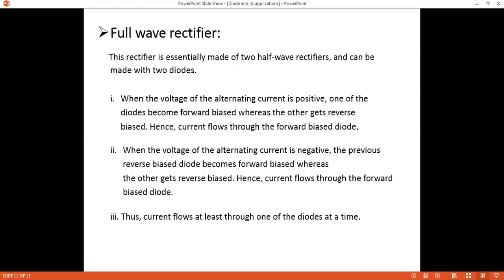Hence, current flows through the forward biased diode. Next point, when the voltage of the alternating current is negative, the previously reverse biased diode becomes forward biased, whereas the other gets reverse biased. Hence, current flows through the forward biased diode. Thus, current flows through at least one of the diodes at a time.